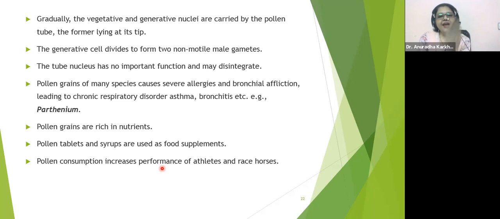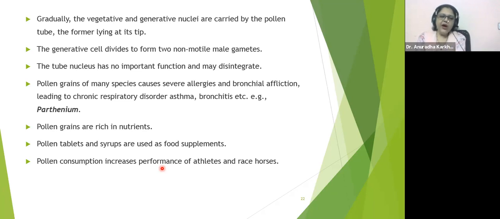That is why it is called 2-celled. In 3-celled it was 40%; 2-celled is going to be 60%. So the rest of the 60% of the pollen grains, which are shed at the 2-celled stage, will undergo the second mitotic division of the generative cell not in the anther, but on the stigma.